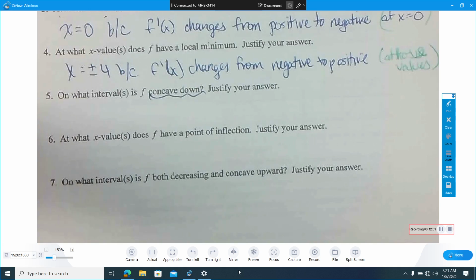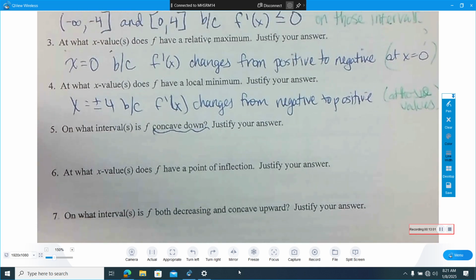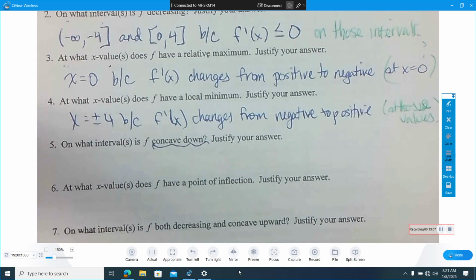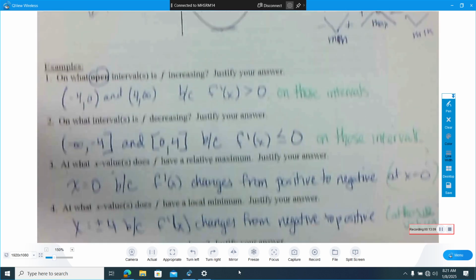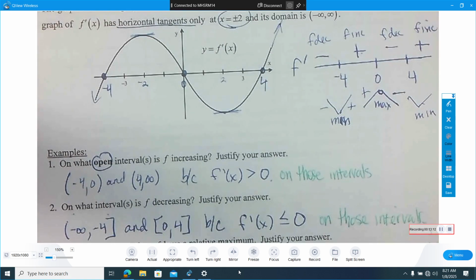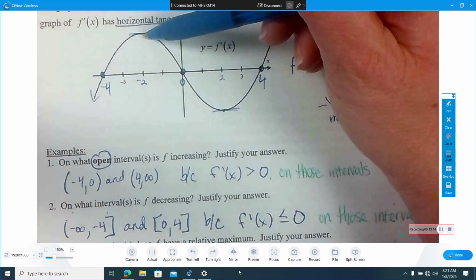The second derivative. But we don't have a second derivative, so we, again, have to reference the graph we're given. In order to be concave down, that would be where the second derivative is negative, or where f prime is decreasing.